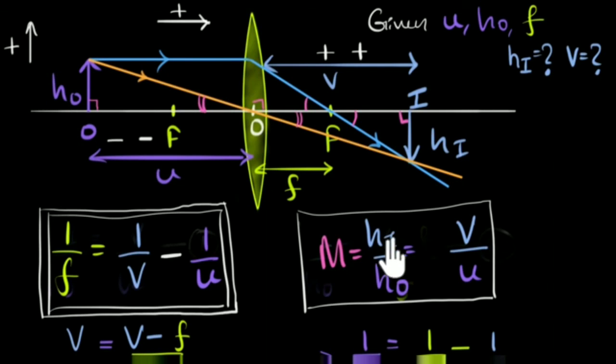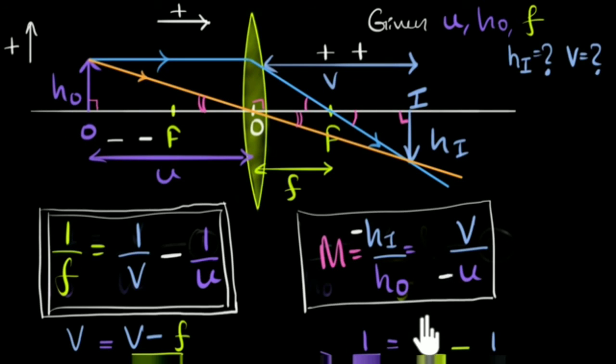So the height of the image is negative because it is below the principal axis, so there's a negative sign over here. The height of the object is above the principal axis, so that stays positive. v is the image distance, the position of the image, so that stays positive. u is the position of the object, so that stays negative.